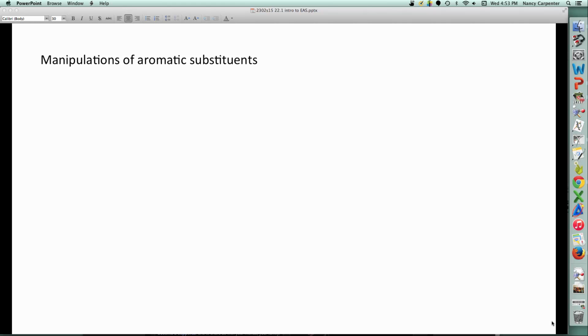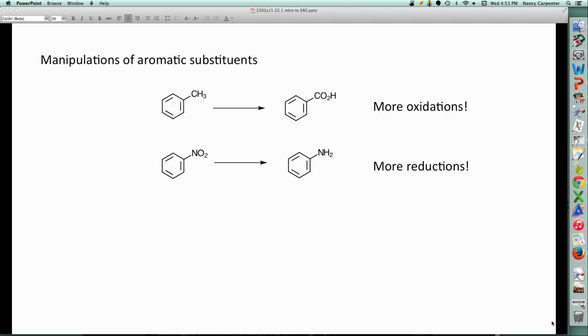The other nice bit about this chemistry is that, well, we already know how to manipulate some of these aromatic substituents. For example, we've learned how to oxidize, or maybe we haven't learned this yet. I can't remember if we've learned this, but we're going to review it if we haven't. The bit about how you convert a methyl group into a carboxyl group.